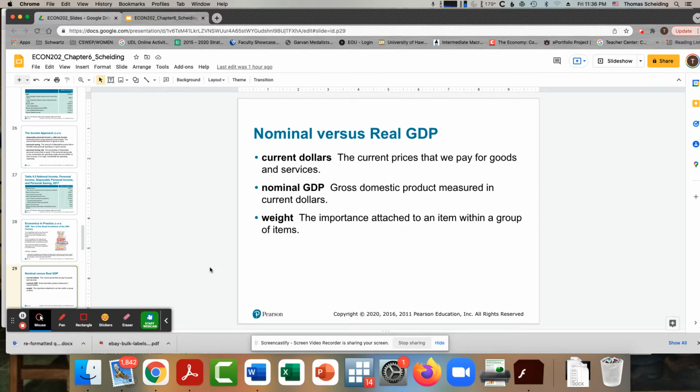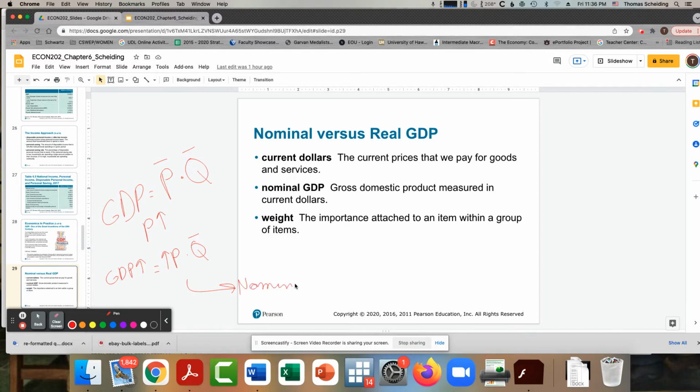So, the way to look at this a little bit differently would be like this: it'd be the prices of all the goods times the quantities of all the goods. But then, if prices go up, let's say, and quantity stayed the same, then nominal GDP would go up.